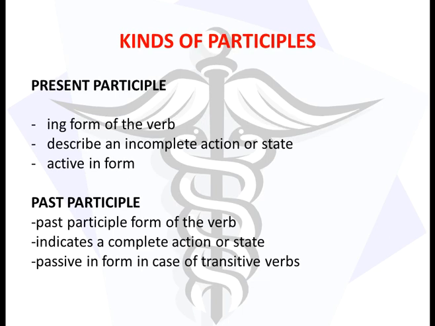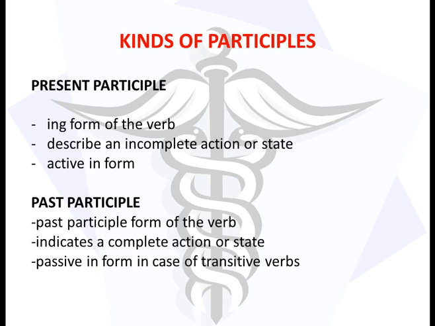Now, we will learn about kinds of participles. Participles are formed by adding ing, ed or en to verbs. They are verbs but work as adjectives. When a participle ends with an ing, it is called a present participle.